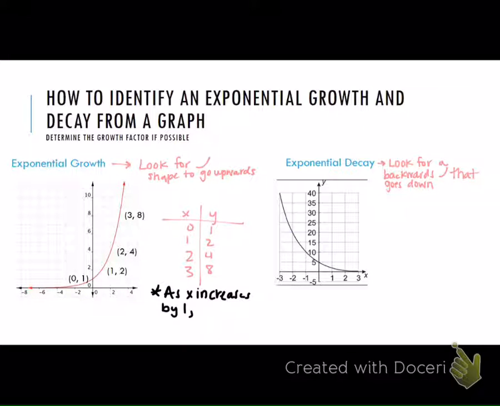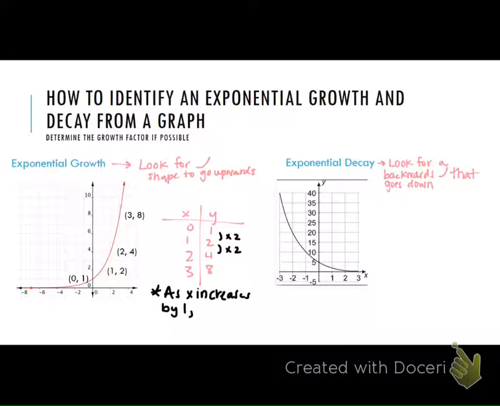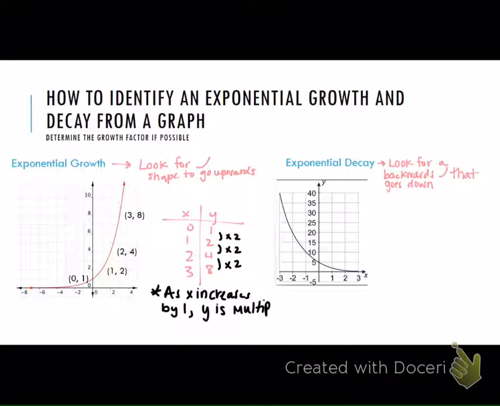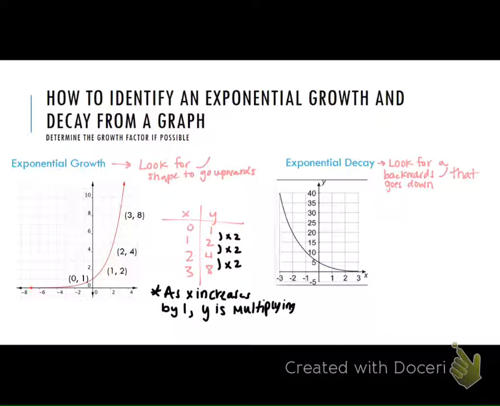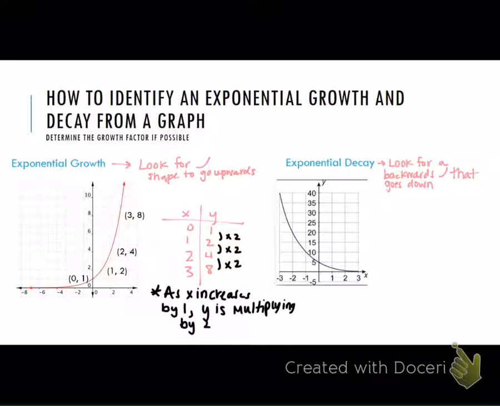So you'll notice that we're not adding the same number every single time like a linear. Instead, it's going to be a constant multiplication. For something to be an exponential function, it has to have a constant multiplication. In this case, it's constantly multiplying by the number 2. So your growth factor is 2.